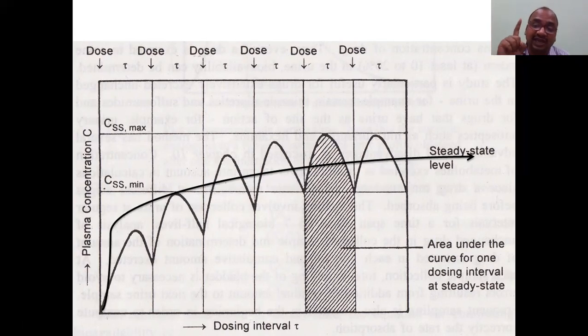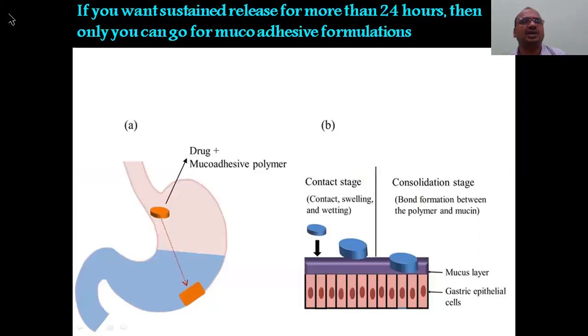If you want to release the drug for more than 24 hours, you can go for mucoadhesive tablets. They go and stick onto the intestine, or stick in the stomach, and release the drug. Even though there is gastric motility, it will not come out. Mucoadhesive sustained release tablets, if you want more than 1 day, because within 24 hours everything will be released out along with the fecal matter.